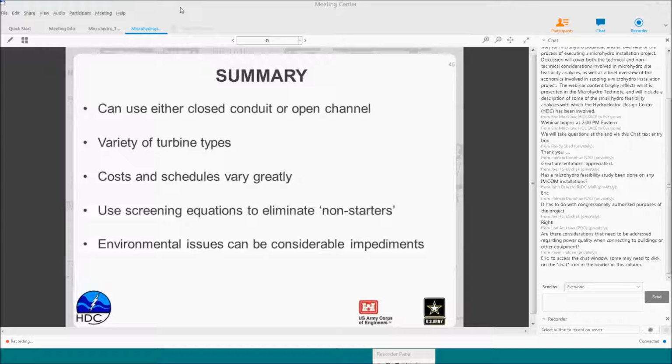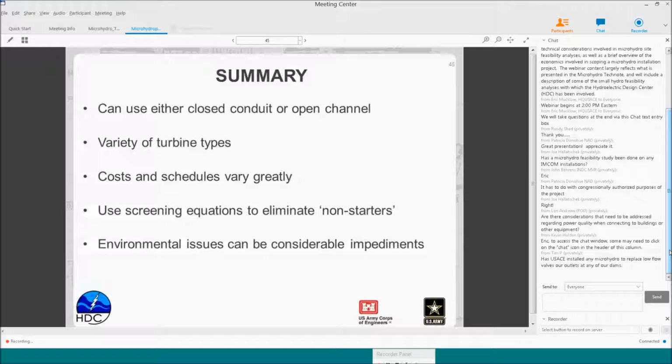And after finding those sites and writing a report of the feasibility, if you will, nothing further developed from that study. Okay. Yeah, I think the DOE also did a large study of civil works in general in America, most of which were owned by the Corps, and reported a great deal of capacity.